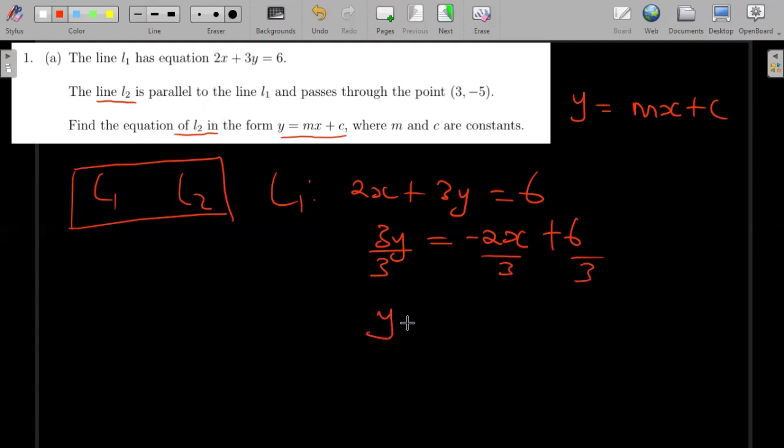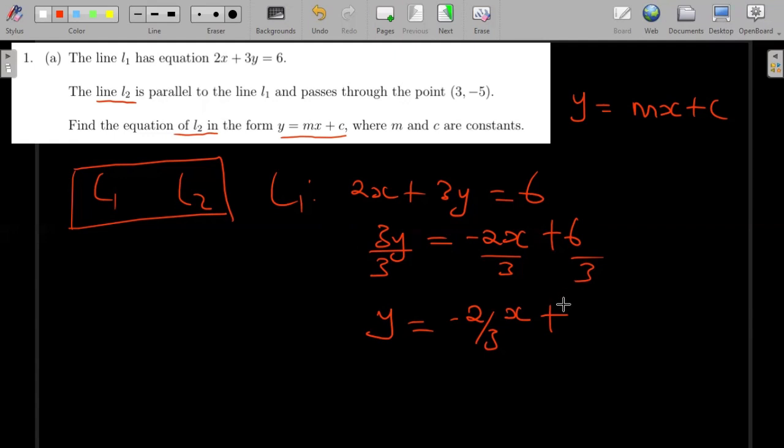So y will just be equal to -2/3 x plus, what is 6 divided by 3?